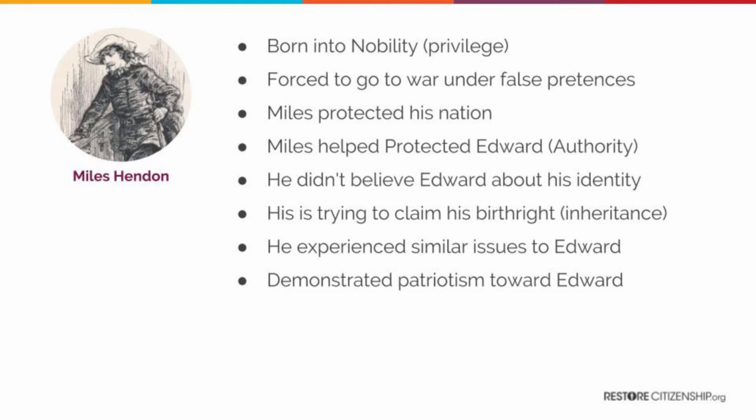But one thing about Mills is that he demonstrated patriotism towards Edward and also, unknowingly to him, towards the nation, because he was protecting the legacy of the king at that time, which Edward Tudor was. And this was one thing that the story really got me to look at, the patriotism of Mills. And as we know about patriotism, it protects.